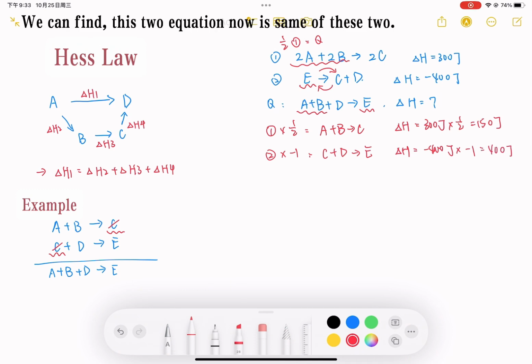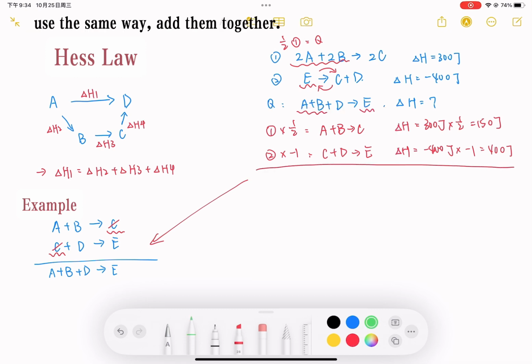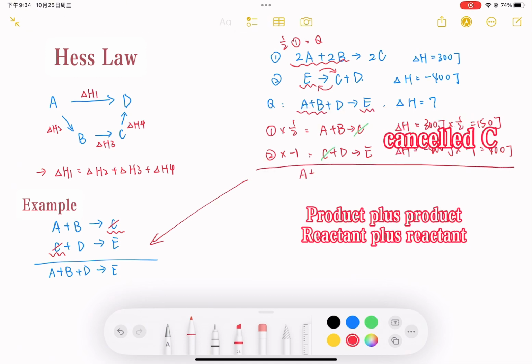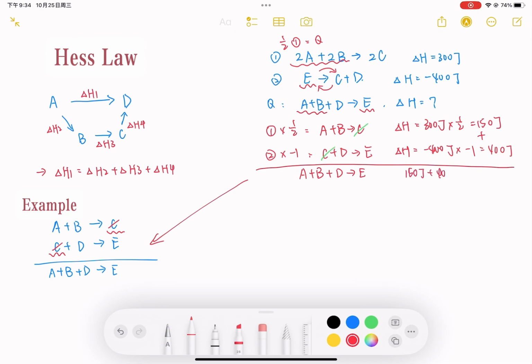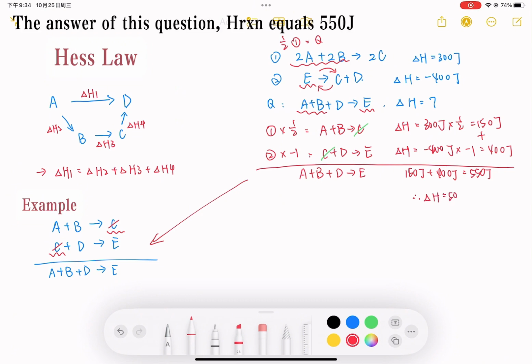We can find that these two equations are now the same as the target ones. In the same way, add them together. Finally, add the corresponding delta H. The answer of this question, delta H RXN, equals 550 J.